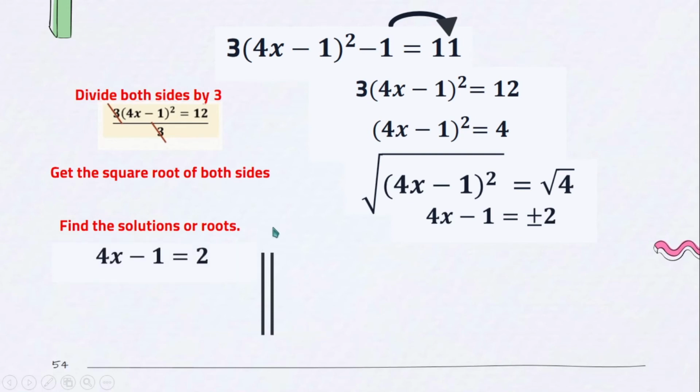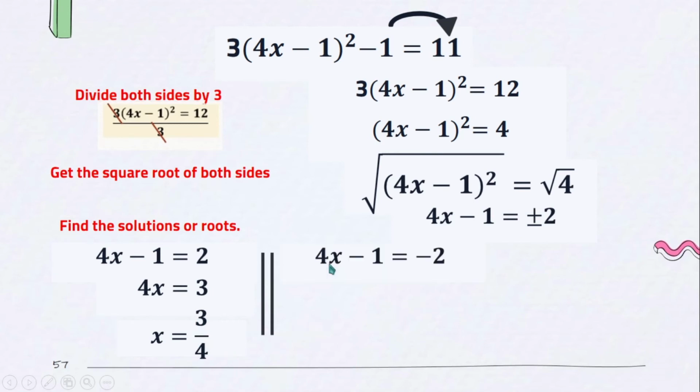So the first equation is 4x minus 1 is equal to 2. So we have 4x is equal to 3. Why 3? We add the 1 here to the 2. Next, divide both sides by 4. So we have x is equal to 3 over 4.